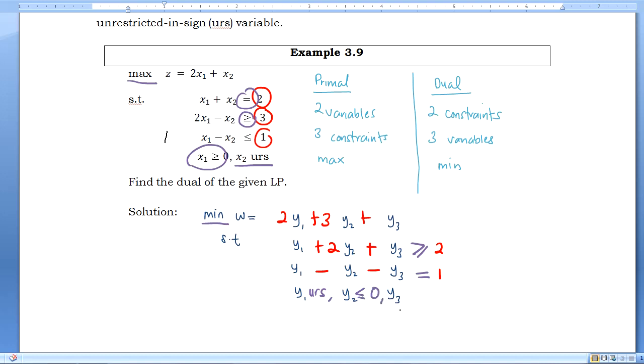And y3, the sign of the third variable depends on the sign of the third constraint in the primal. This is a less than or equal to constraint. This sign is the sign for normal maximum. Therefore, the variable is a normal variable. Now we have already completed the dual of the given LP.